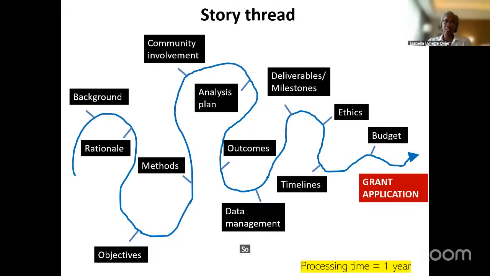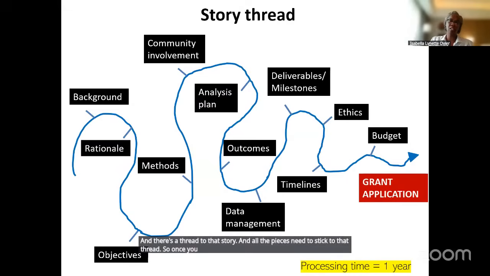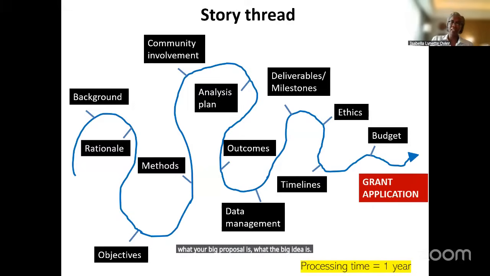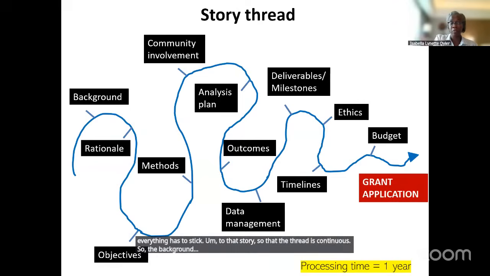So as I mentioned, it's about telling a compelling story, and there's a thread to that story, and all the pieces need to stick to that thread. So once you've decided what that question is, what your big proposal is, what the big idea is, everything has to stick to that story so that the thread is continuous. So the background or introduction, and then your rationale, which is also your justification, the objectives, the methods.